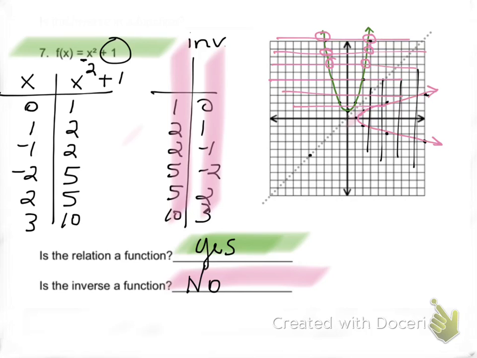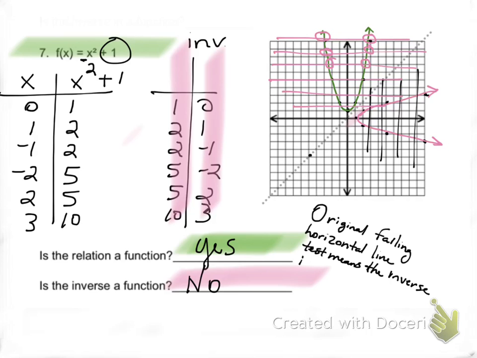The original failing the horizontal line test means the inverse is not a function.